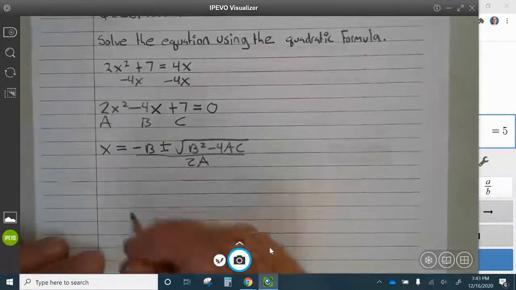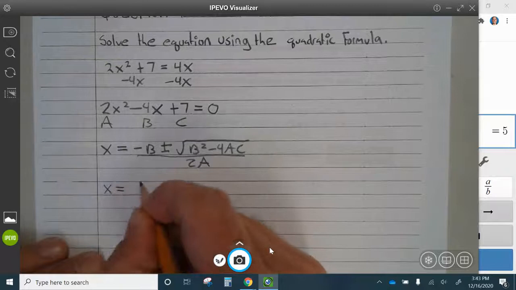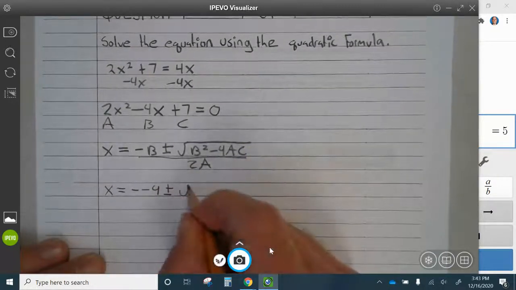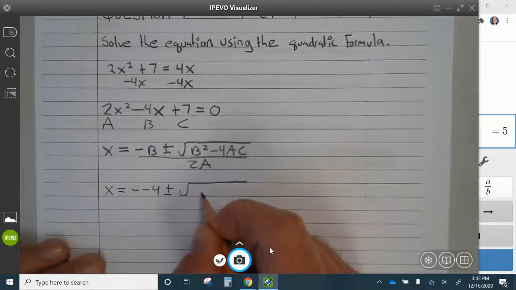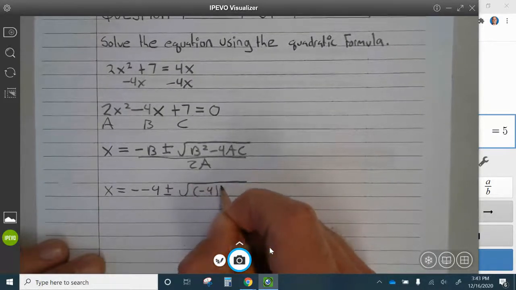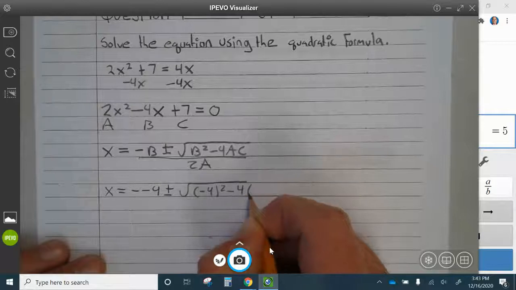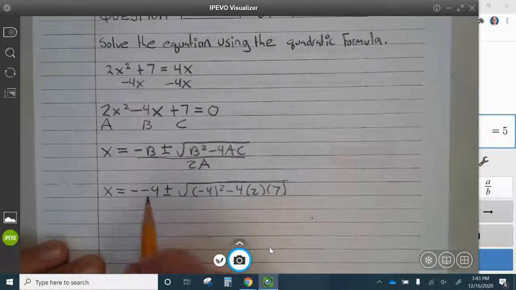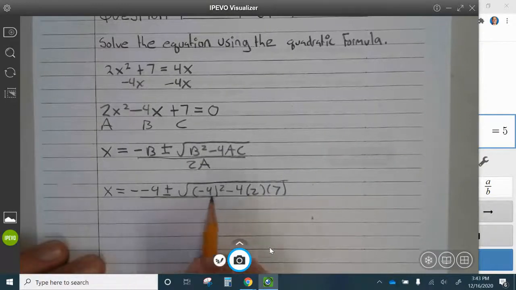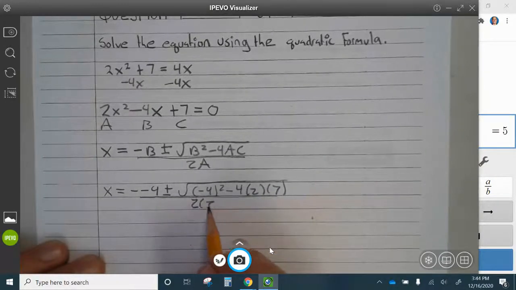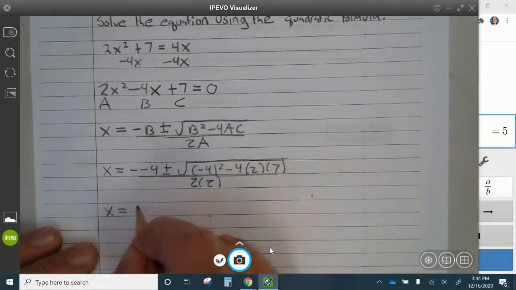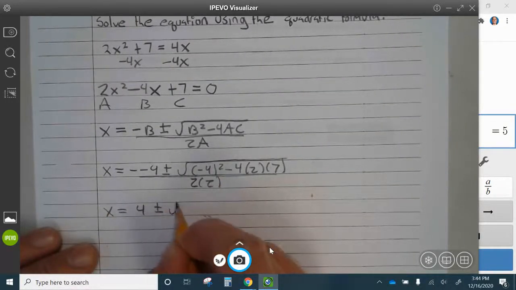Okay, so then x equals negative b, which is negative negative 4, plus or minus the square root of parentheses negative 4 squared minus 4 times 2 times 7, divided by 2 times 2. Okay, so x equals positive 4 plus or minus the square root.